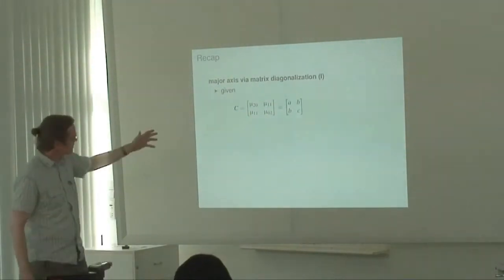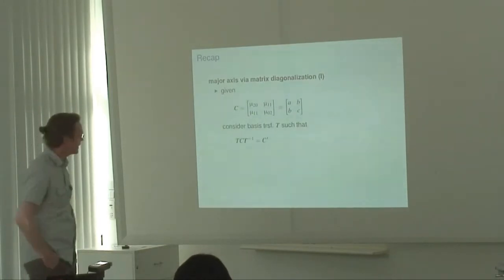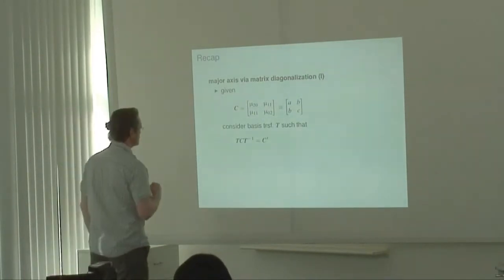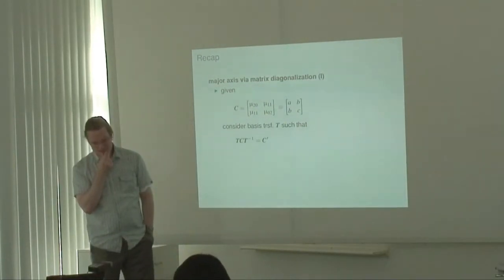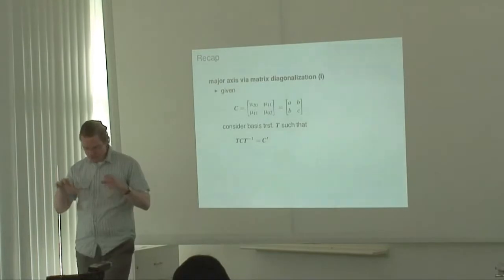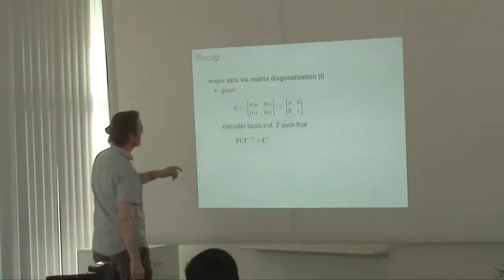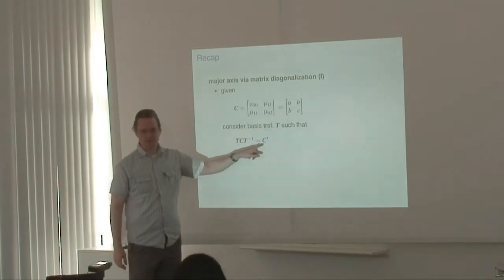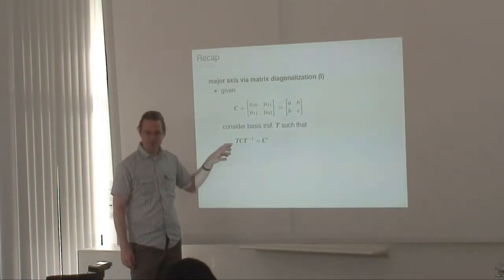Okay, so the covariance matrix is a 2x2 matrix. And we are now interested in a basis transformation such that if we transit to a new basis, this matrix C becomes a matrix C prime. Right? This is exactly what we did on the previous slide.